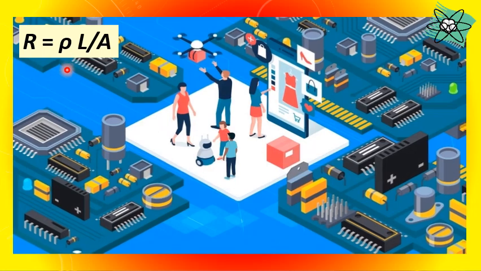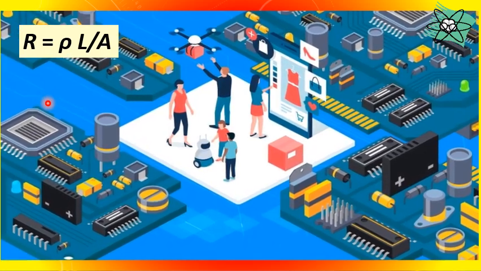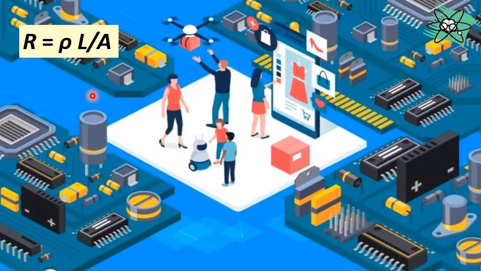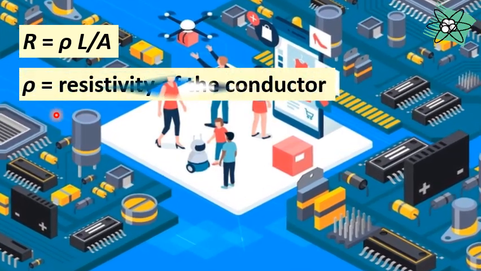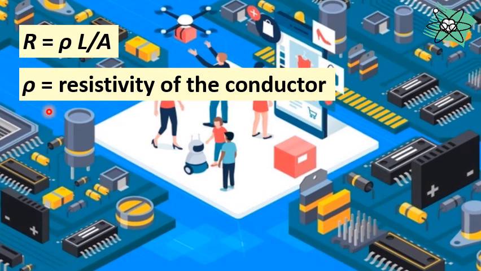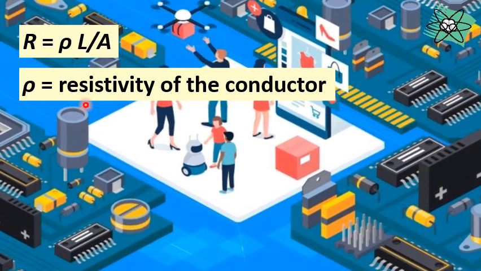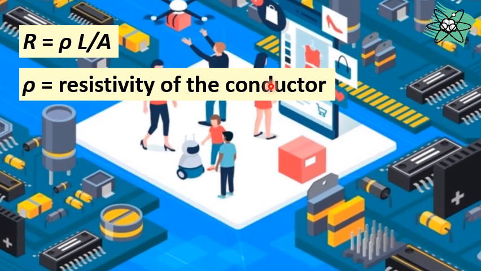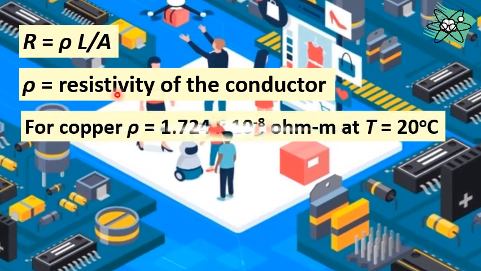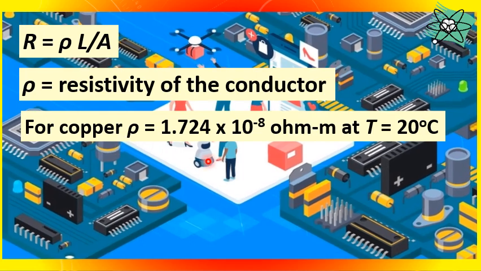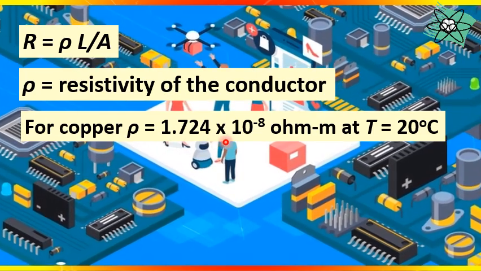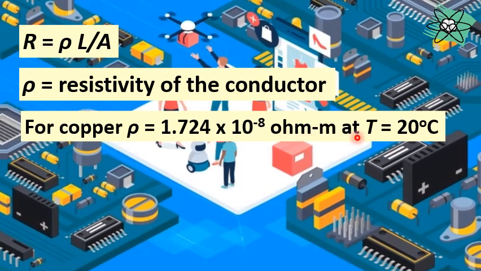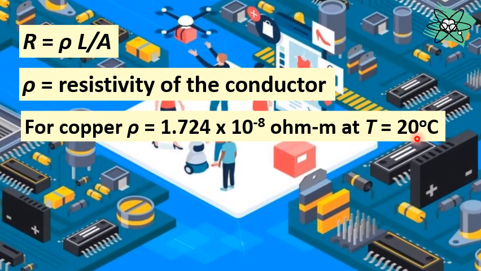In this equation, the Greek letter rho represents the resistivity of the conductor, which is a constant value for a specific metallic conductor, such as copper wire, whose value of rho is given here as 1.724 times 10 to the negative 8 ohm meter at a temperature of 20 degrees Celsius.